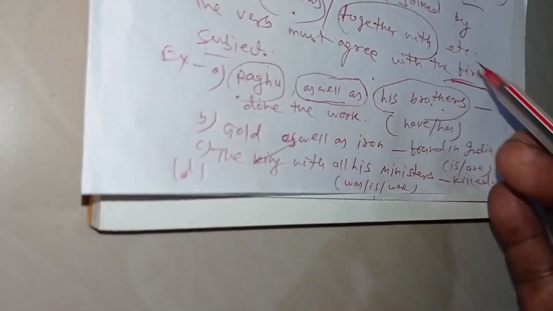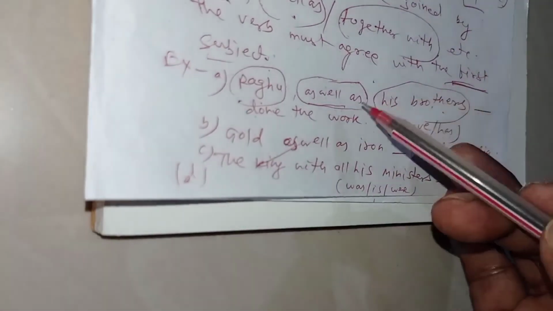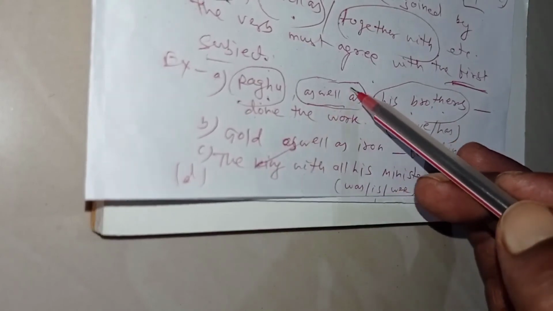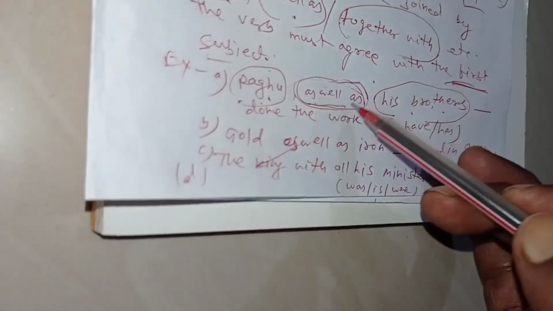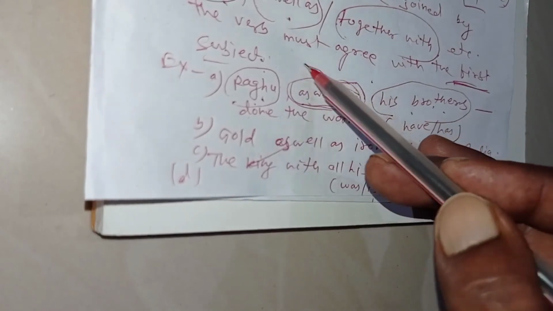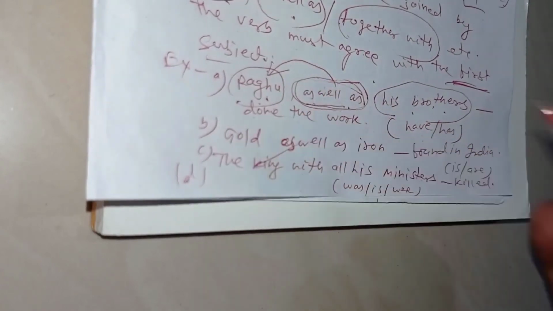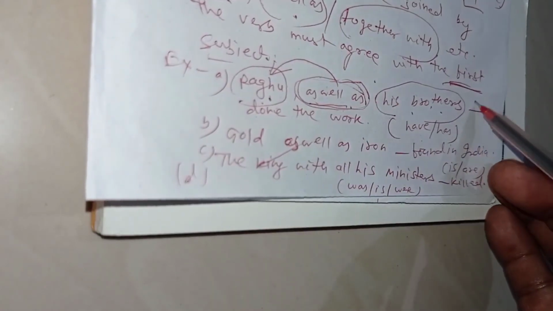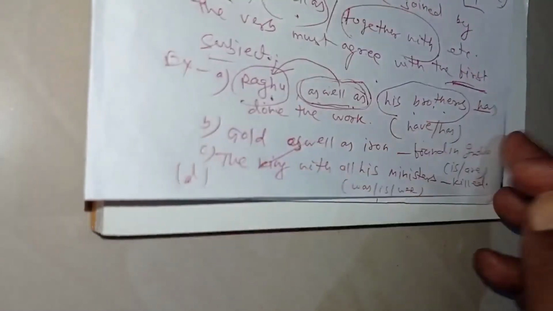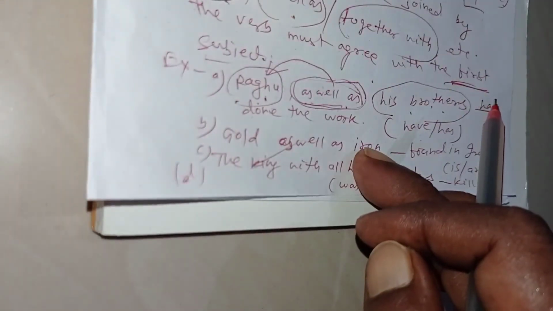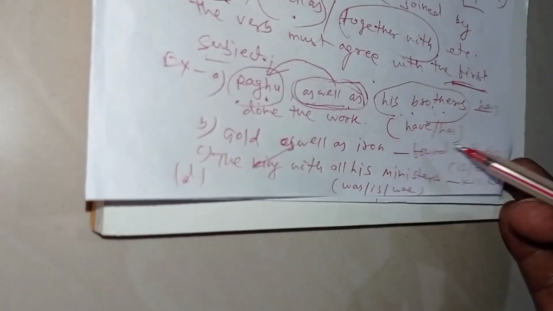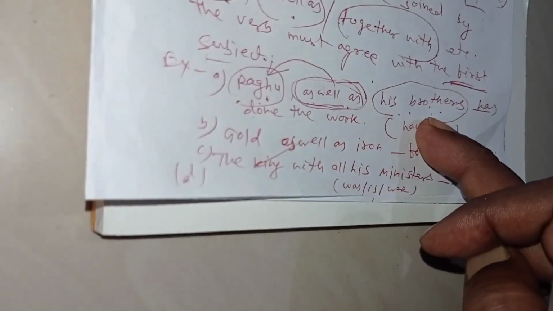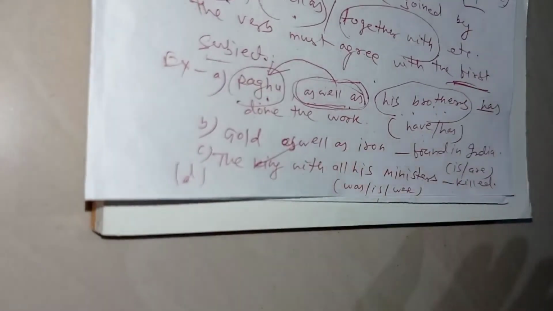As well as means in addition to. Remember. So, as these two nouns are joined by the linking word as well as, the verb must follow the first subject, that is Raghu. So after Raghu, what do you have to use? Raghu has. Raghu has done the work. Not for his brothers: Raghu as well as his brothers have done the work, it is wrong.